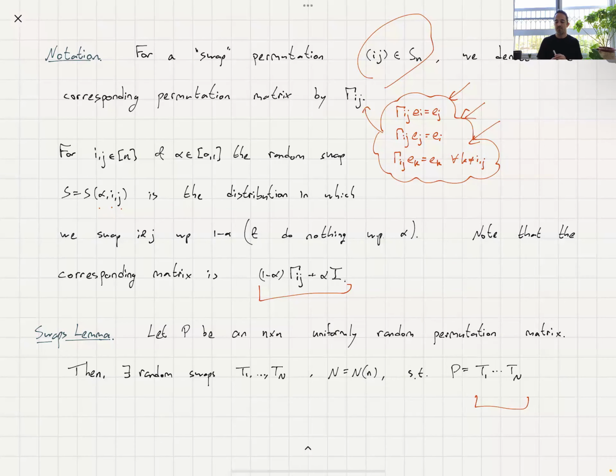Okay, so if you want to generate the uniform distribution over permutations, and P will be the corresponding matrix, then you can write it as a product of T1 up to TN. Capital N will depend on the dimension little n. It's going to be exponential in little n, as we'll see, but never mind. And each of these Ti's is a random swap. It's something that looks like that. Okay.